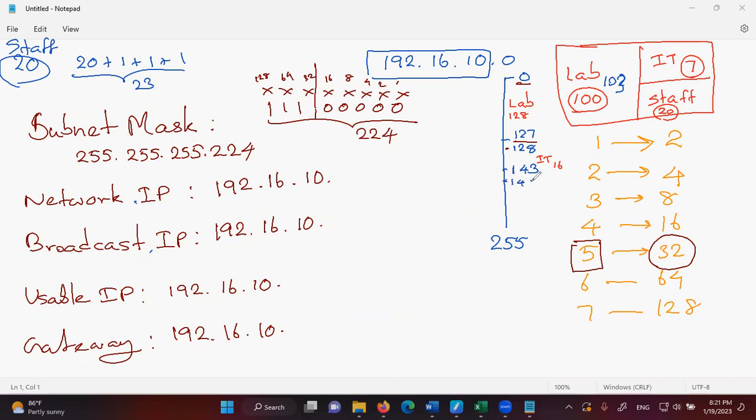Starting from 144, then 175. This is for the star. We have taken a 32 bit segment, right?